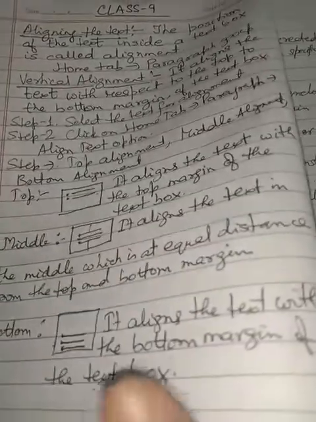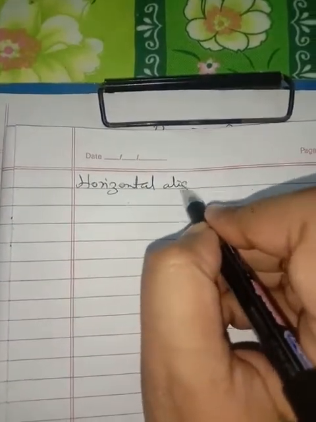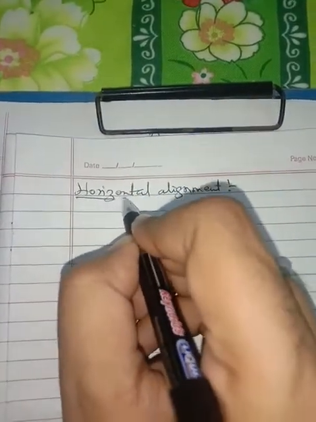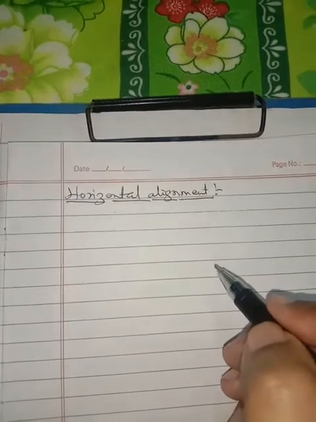Now we are coming to the point horizontal alignment. Horizontal alignment. So what does it do?